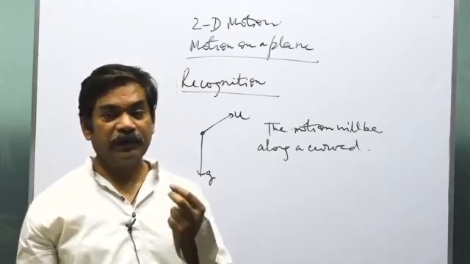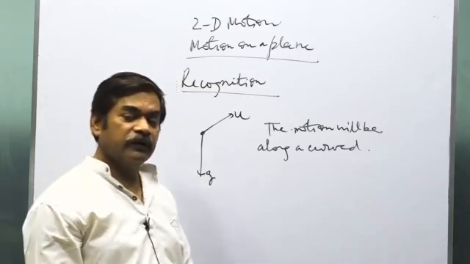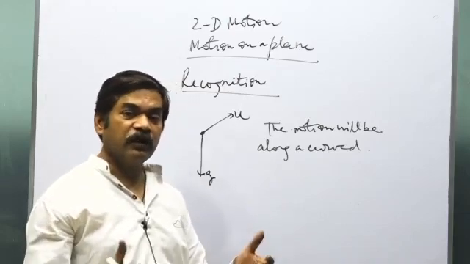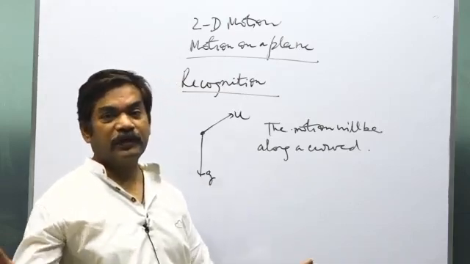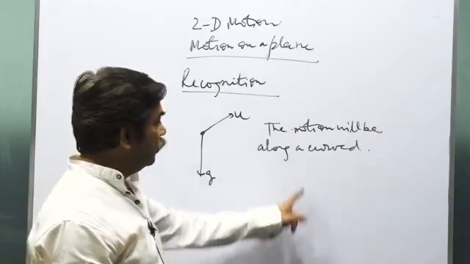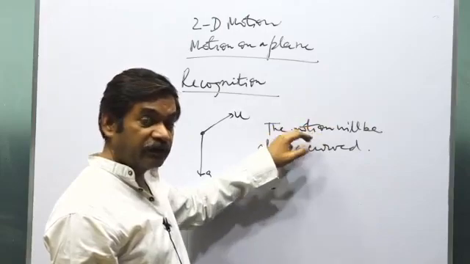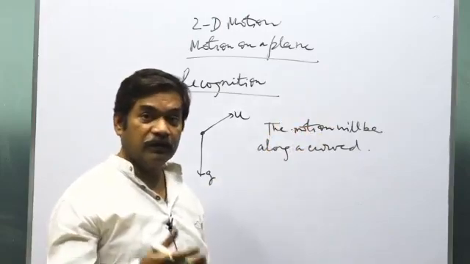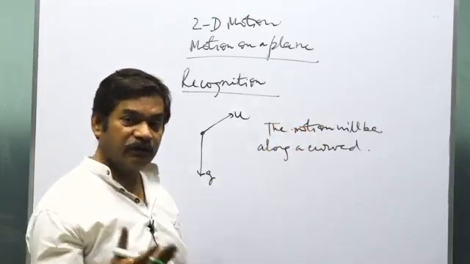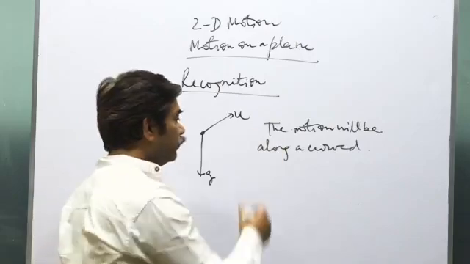The application of those laws in certain physical situations is done through some mathematical equations. I have written the conclusion, but we'll reach this conclusion through a mathematical result that will show that yes, its path is curved. Right? So this is the recognition.